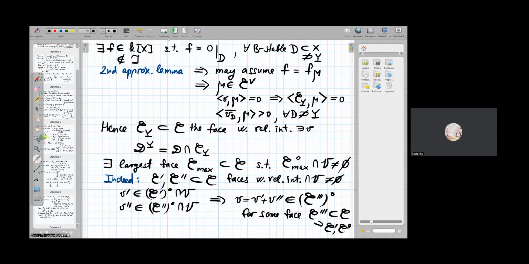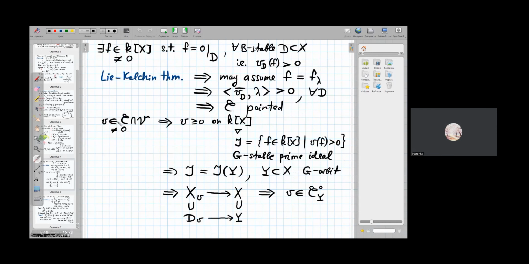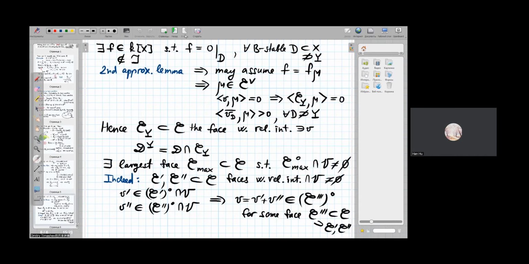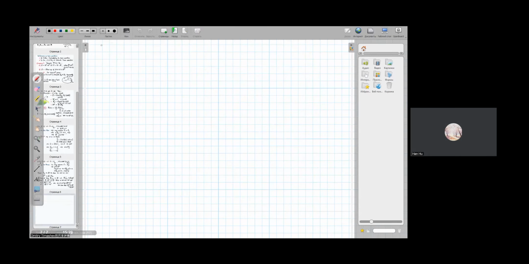Yes, yes. Okay, so now let's take this biggest face such that its relative interior intersects V. And then, as we explained before, to this face there corresponds an orbit. So this face, let me write it on the next page.